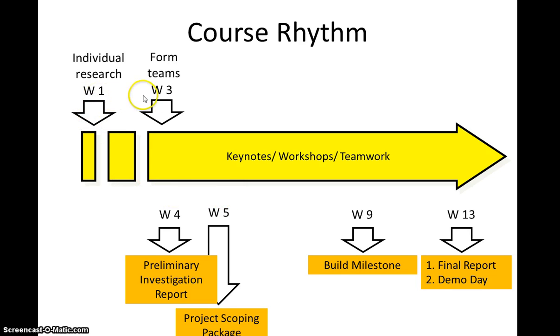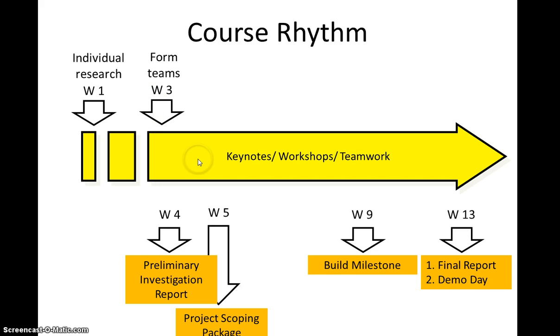How does the course actually work in terms of what we're asking you to do? Well, from week 1 to week 3 you're going to work as an individual. In week 4 you'll be submitting a preliminary investigation report. That's an individual report. It means in week 3 when you come to the teams, everybody will come to the table with a lot of knowledge about your project.